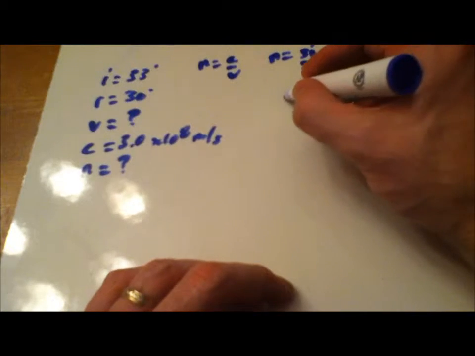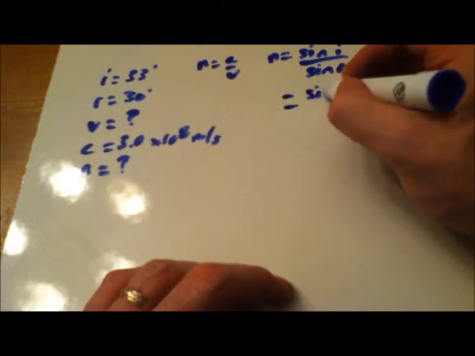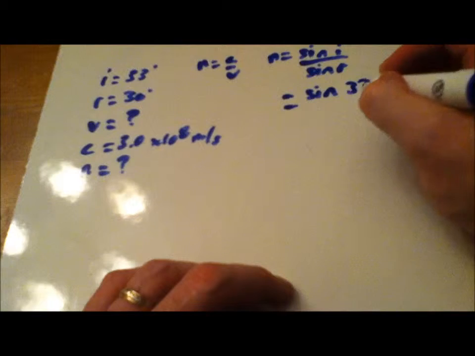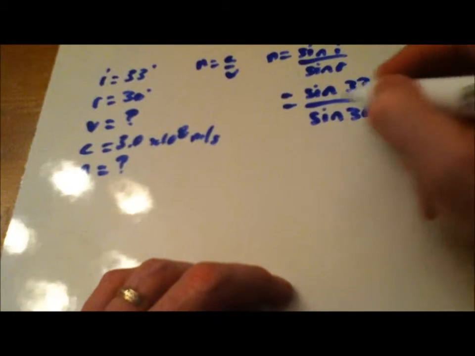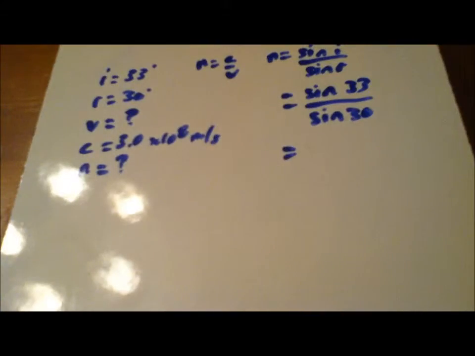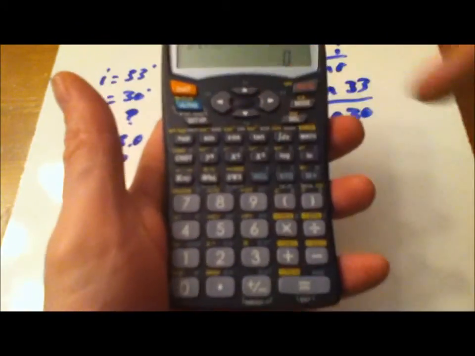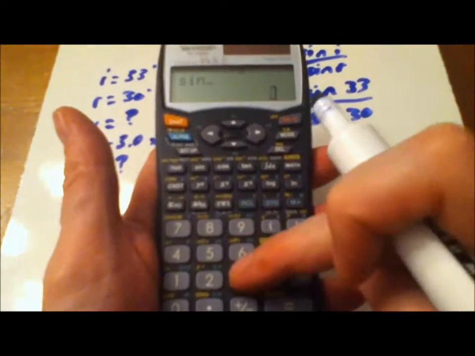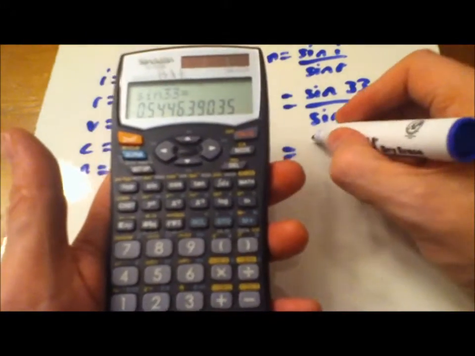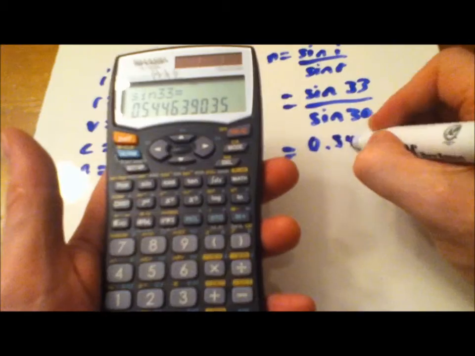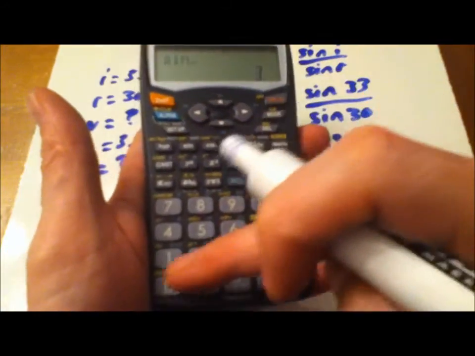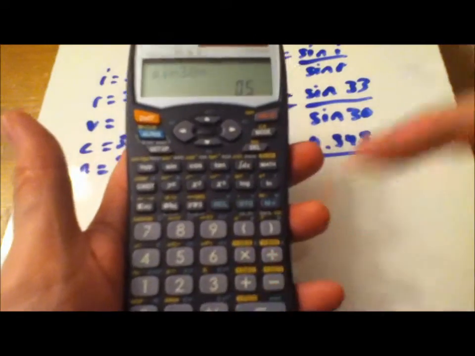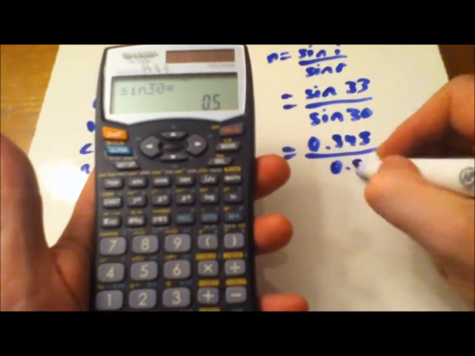If we substitute our values, so sine 33 over sine 30, what do we get? If we take this, hit the sine button and press 33, we get an answer of 0.545 rounded, and then sine 30 gives us an answer of 0.5.